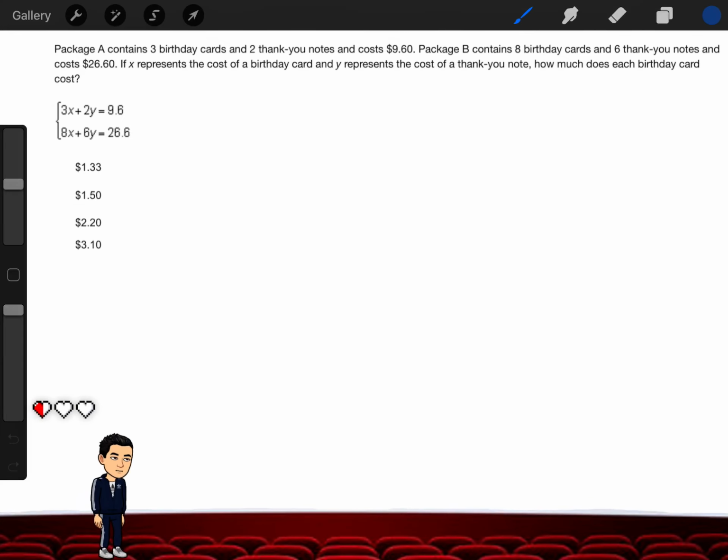All right, so package A contains 3 birthday cards. So we're trying to solve for the birthday cards. And you look at this, 3 birthday cards, and that's the 3x. So birthday cards are basically x. So solve for x. Okay?